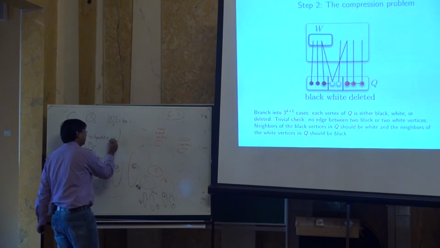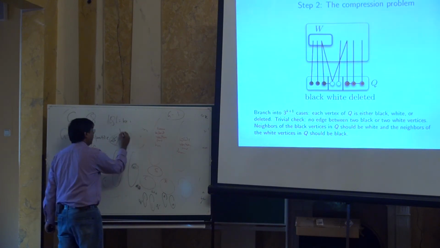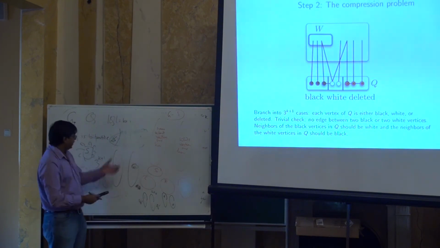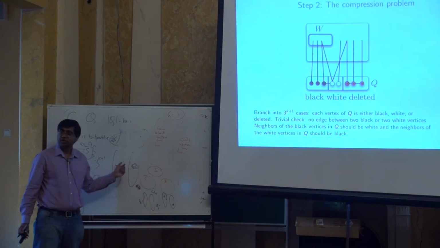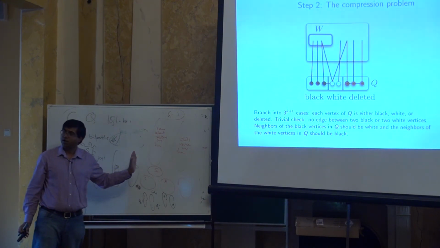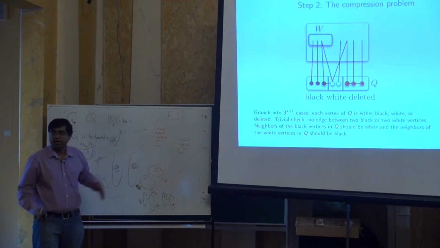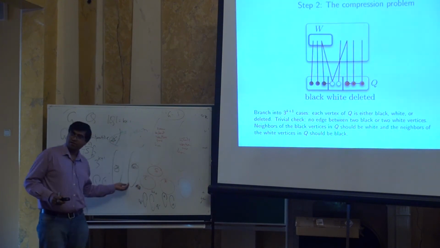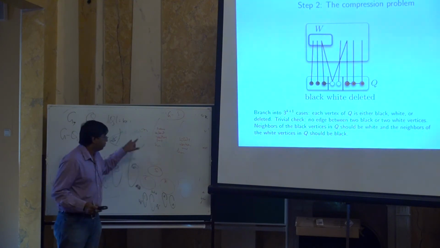Deleted, and then we guessed 2 parts. This is black and this is white, right? Now look at its neighbors here. What do you know about them? Either they are part of S, or all of them should be colored black. If I'm looking for an extension of this coloring, I'm saying that either you get deleted, or this side all the vertices should get black, this side all the vertices should get white.